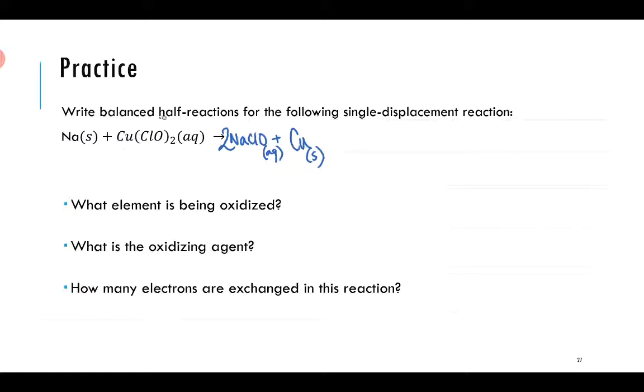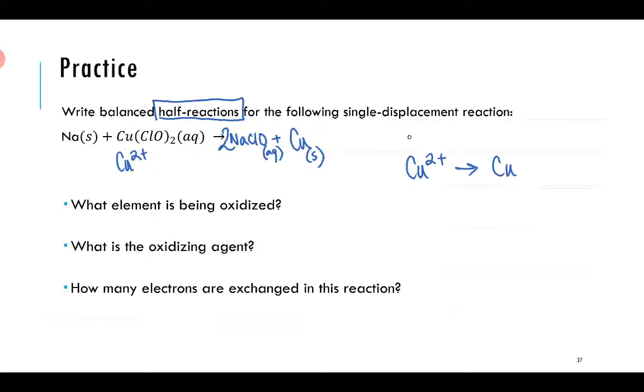But the question asks us to balance the half reactions. And so we're going to need to write a half reaction for that change. We had copper going from being 2 plus to copper 0. And so we have our copper 2 plus becoming copper 0. It's not a plus sign, that's an arrow.